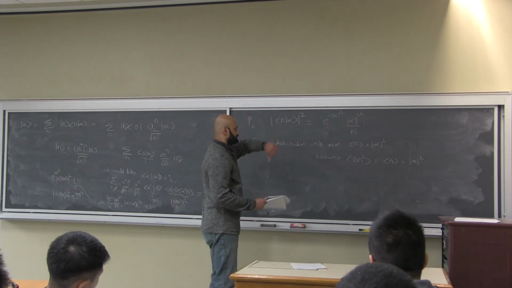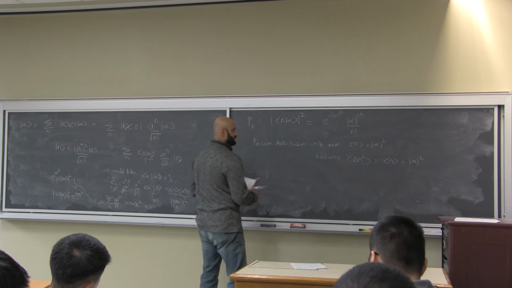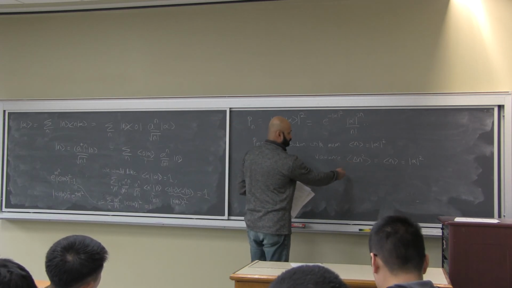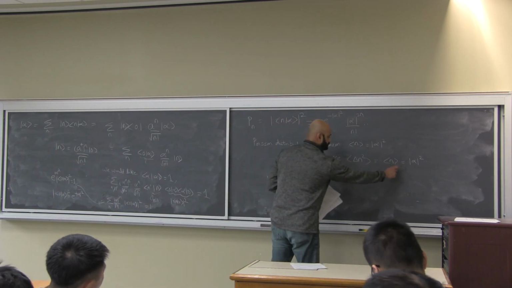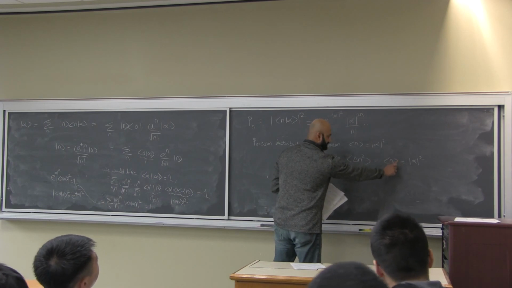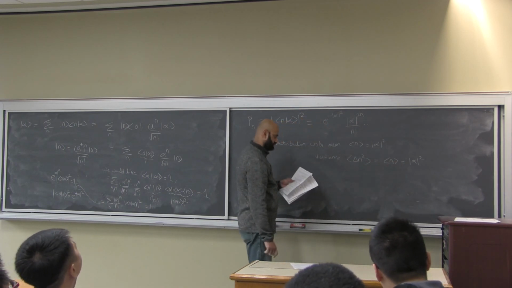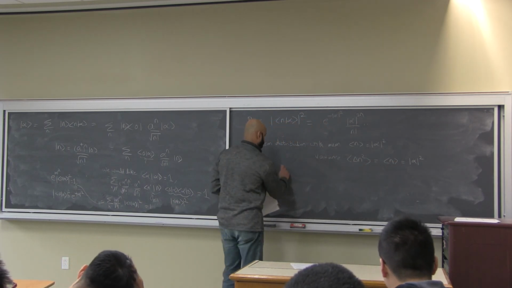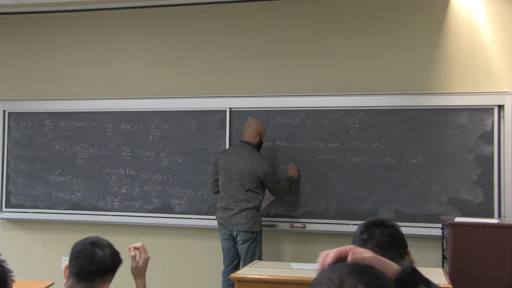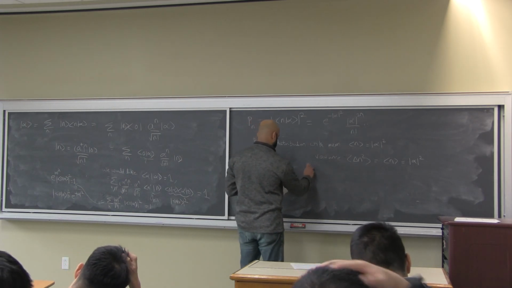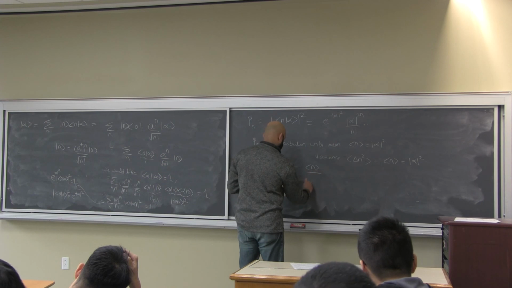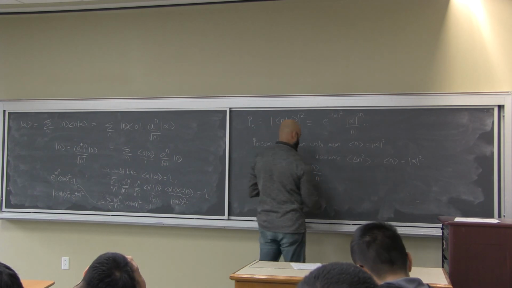Before I finish, this is the last thing I'm going to write. Once again, the property of the Poisson distribution is that as n increases, that is, as the average value increases, the ratio of the average value to the variance or to the standard deviation increases.